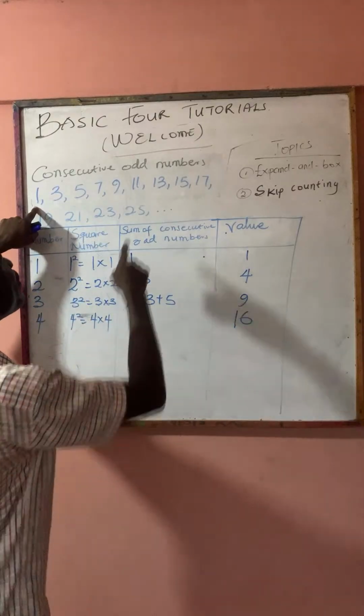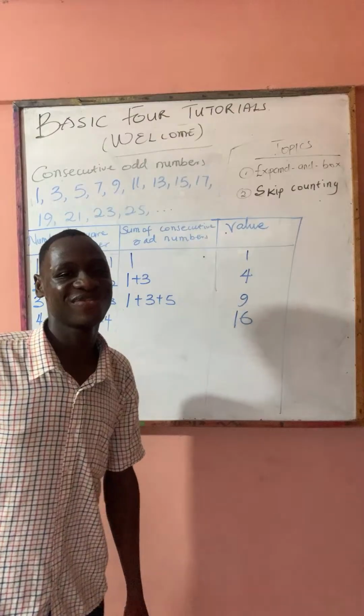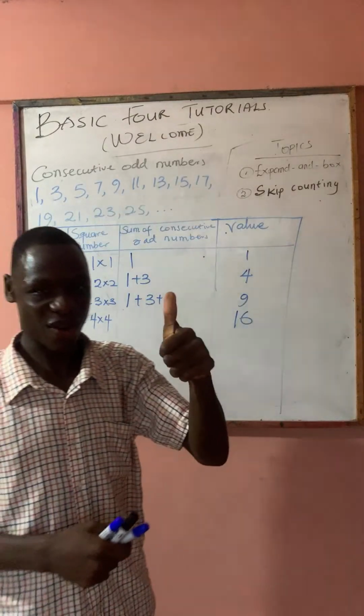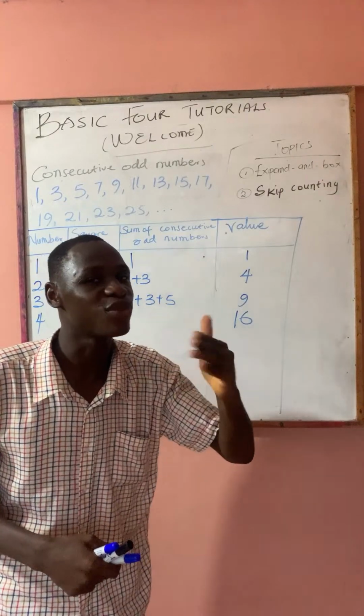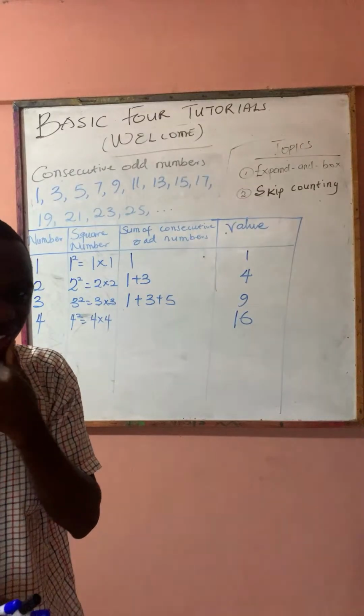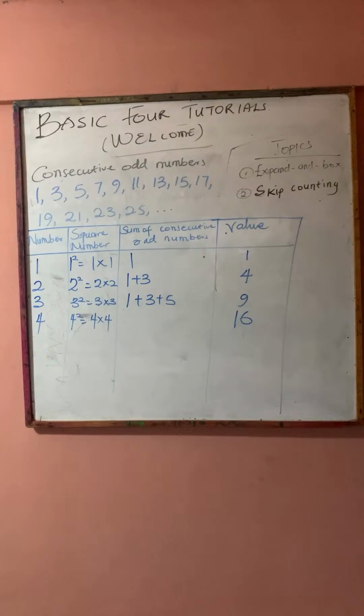So if we use 1 and 15, they are not consecutive. Yes, 1 plus 15 is 16, very correct, but they are not consecutive, so we cannot use 1 and 15. I hope you understand it. Please, if you understand, write in the comment section, okay?